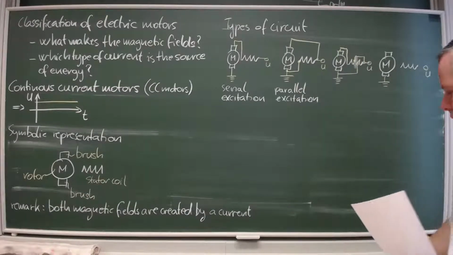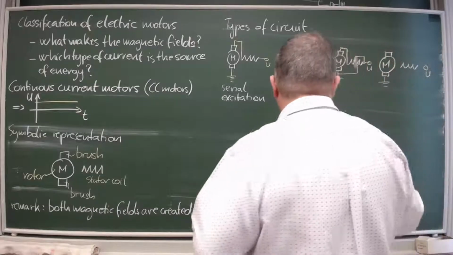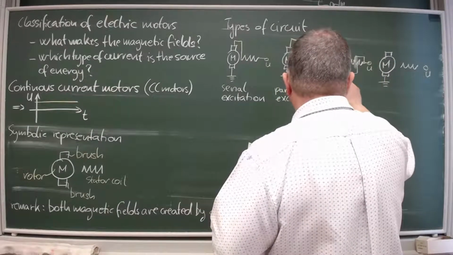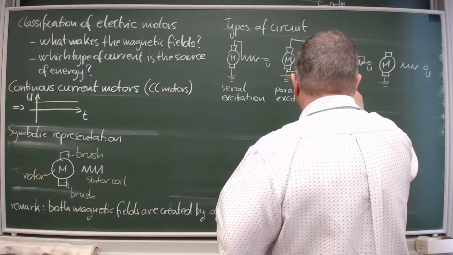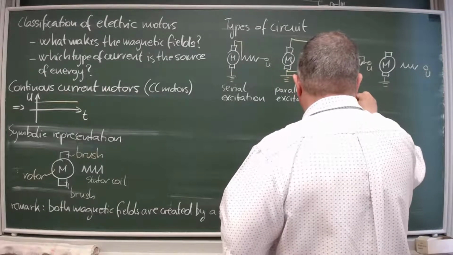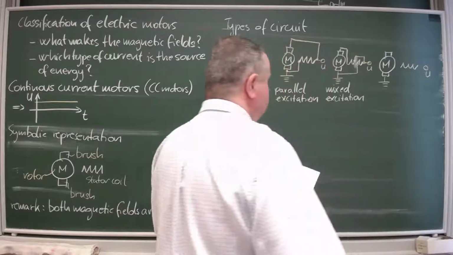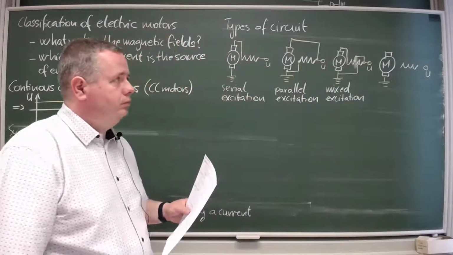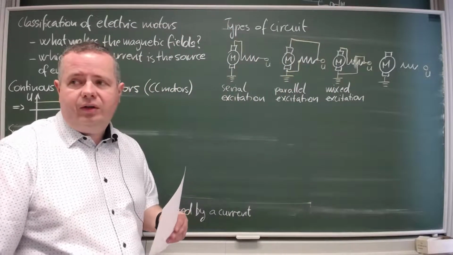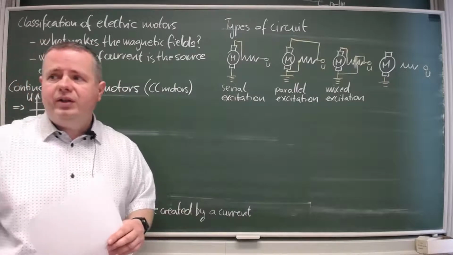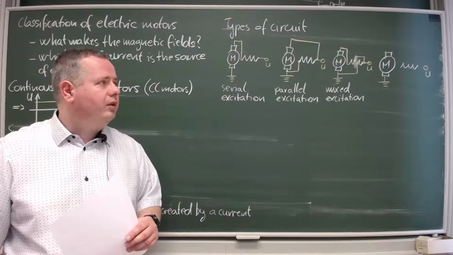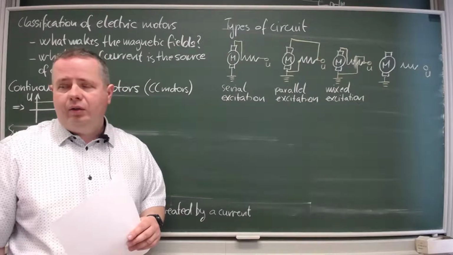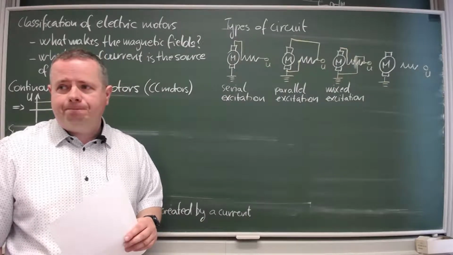And this is what you call a mixed excitation, when the stator is split in two half coils. One half coil is parallel and the other half coil is serially wired in the system.